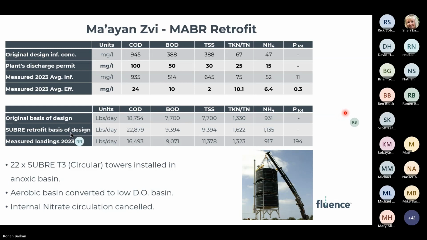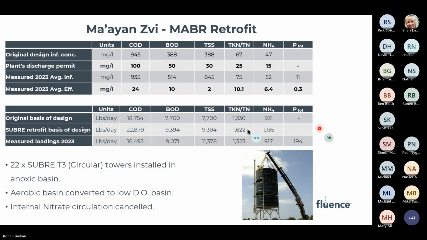You can see an approximately 25% increase in the incoming loading. The last row shows the actual loading coming into the plant this year, translated to pounds per day. In some parameters, such as the TKN, which is what we're looking for, and also the BOD, we almost reached the original basis of design, and sometimes even exceeded it. But thanks to the MABR retrofit, we allowed this increase of loading.